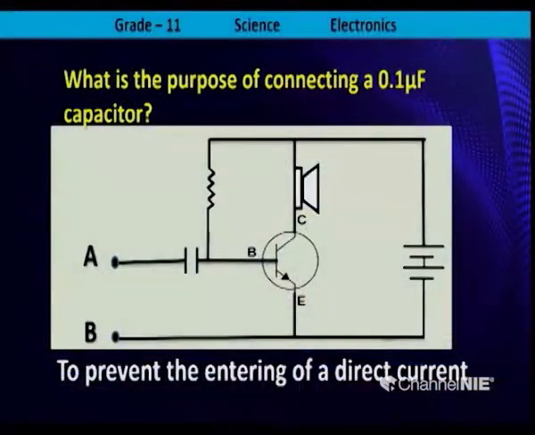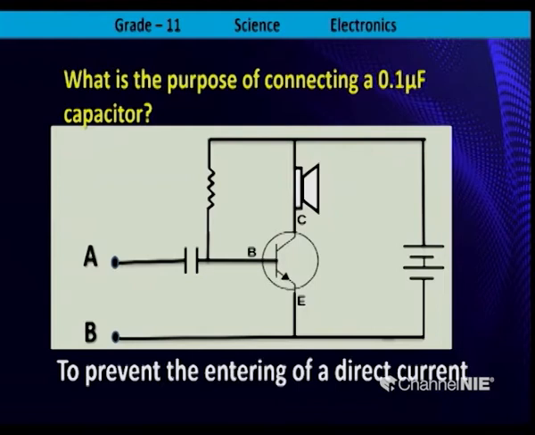Right. In the second circuit, as mentioned in your textbook, we also have to supply a 0.1 microfarad capacitor. The capacitor is used to minimize the entering of direct current, because we supply a microphone to the A and B terminals.